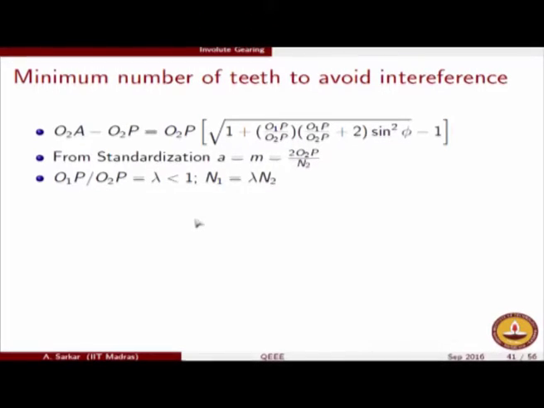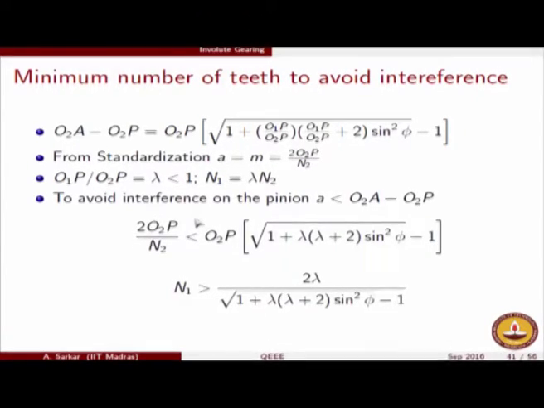So the situation we have to understand for interference or undercutting between the gear and the rack is obtained from this formula itself, but with the special case that lambda equals 0. If we put lambda equals 0 in this formula, we should be able to get the condition of interference between a rack cutter and a spur gear, and that condition is essentially known as undercutting, because this is a manufacturing process rather than the operational process between the gears.